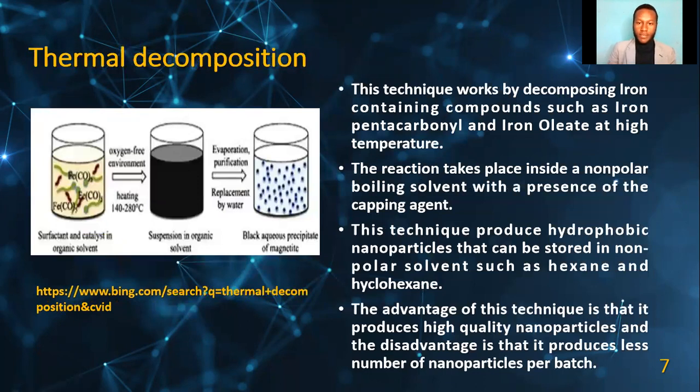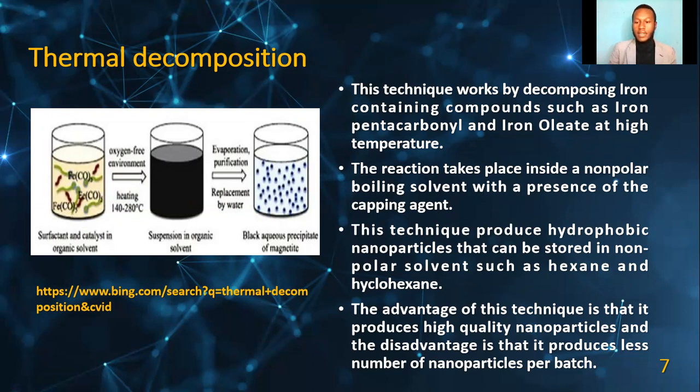Thermal decomposition. This technique works by decomposing iron-containing compounds such as iron pentacarbonyl and iron oleate at high temperature. The reaction takes place inside a nonpolar solvent with the presence of a capping agent. This technique produces hydrophobic nanoparticles that can be stored in nonpolar solvents such as hexane and cyclohexane.